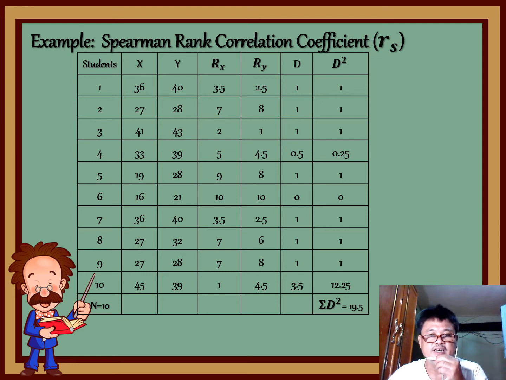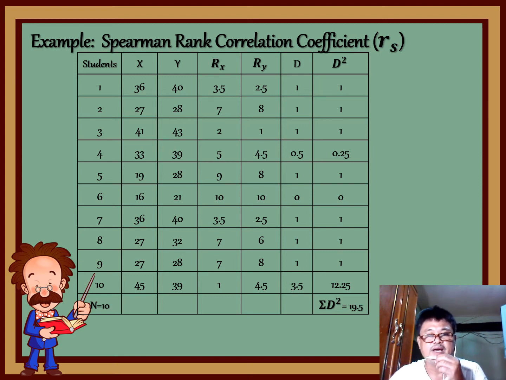So let us say that you give the first test. The results are here at the column of X. So under the column X are the results of the first test. And then after some time, you gave the same test to the same set of students, and you have the second result. The second result is under column Y. Then R sub X stands for the ranking of the X scores.